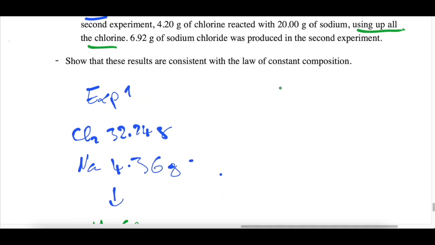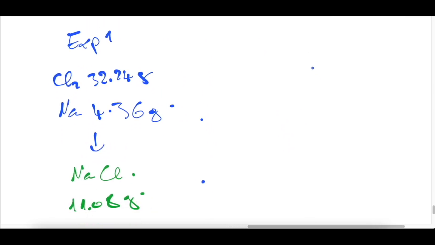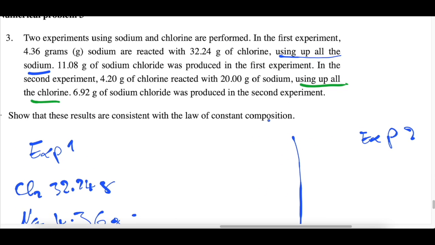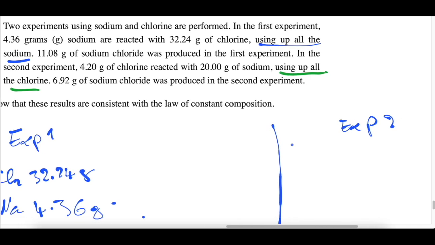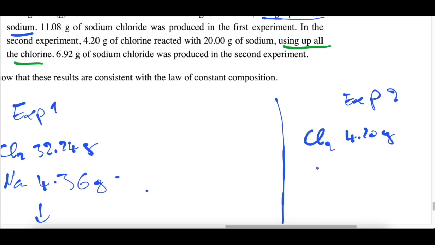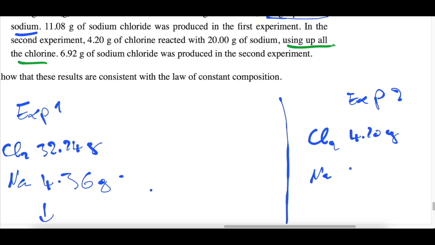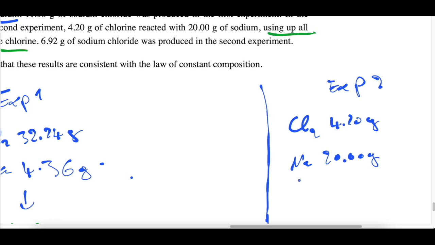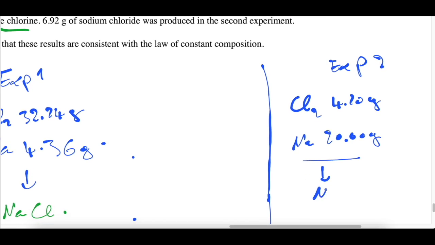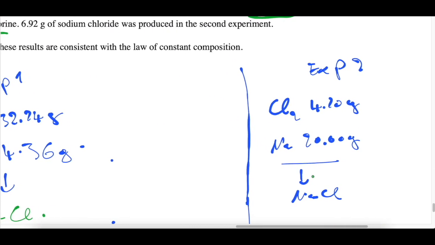in the second experiment. So here is the second experiment. We have used a mass of 4.20 grams of chlorine and 20.00 grams of sodium. The obtained sodium chloride has a mass of 6.92 grams.